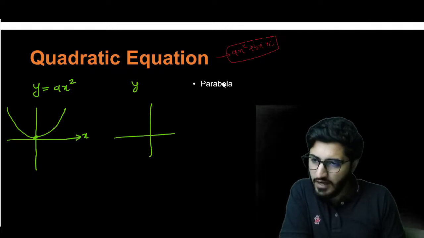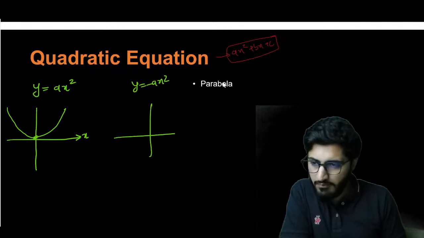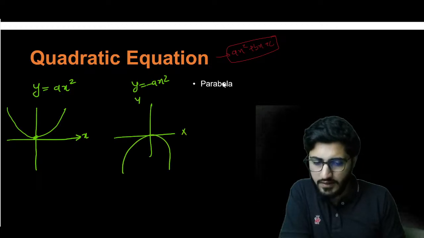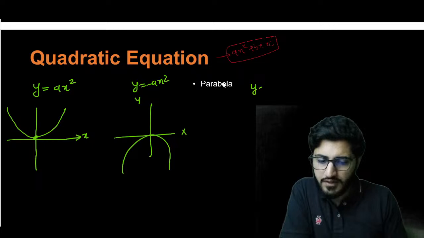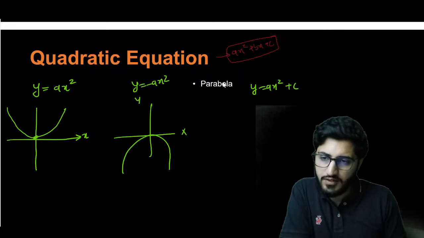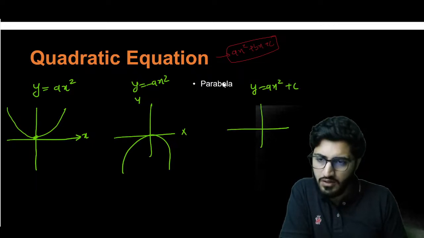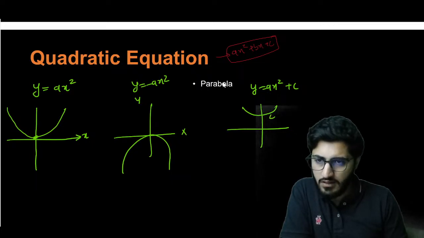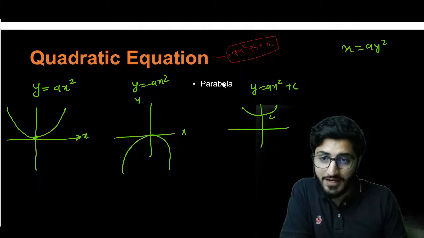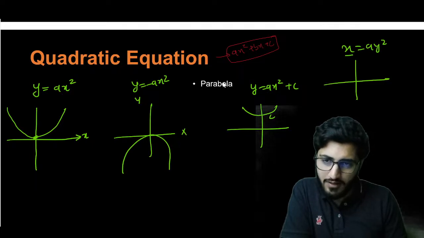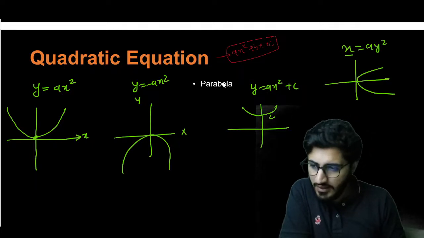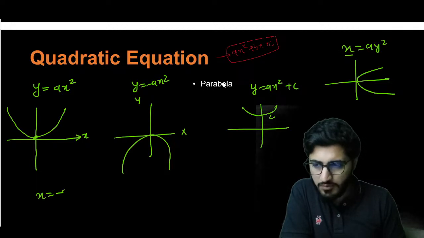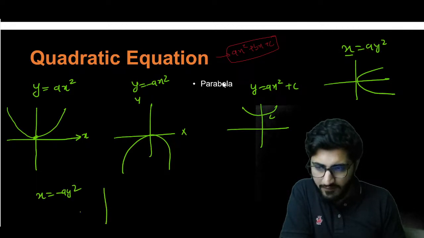If we are having y equals to minus ax square, my graph will look like this now. If my equation is y equals to ax square plus c, some intercept is there, right? So we are having c here. If we are having x equals to ay square, now we are having x, so my graph will be on the x side only. If we are having x equals to minus ay square, my graph will look like this now.